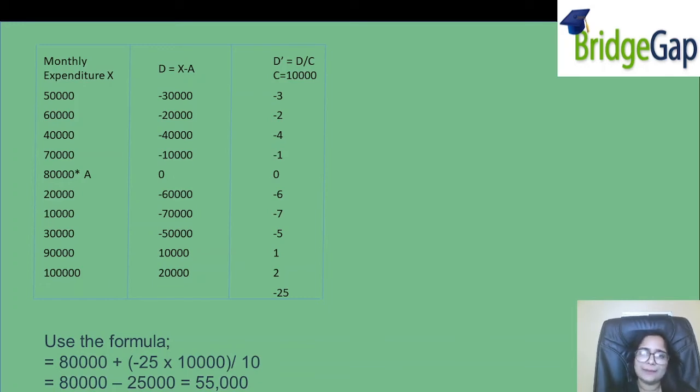But when a common factor is making it difficult for us to calculate, it is better to choose the common factor and divide by it. Then it is better to use this standard deviation method.